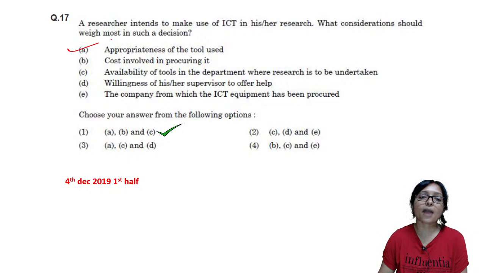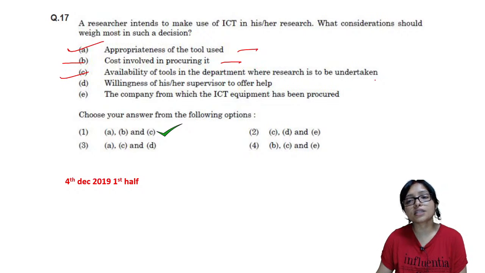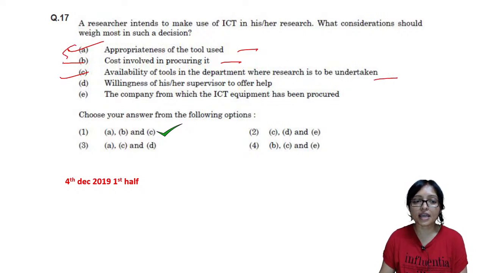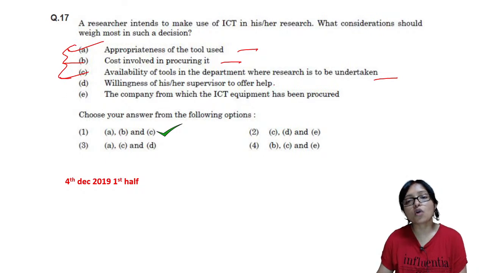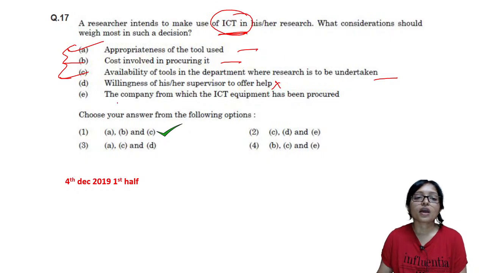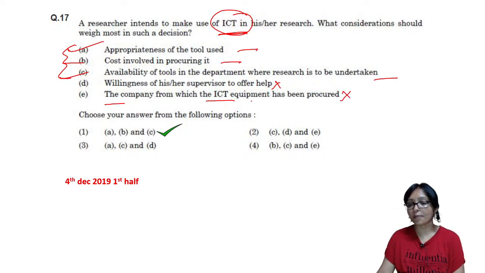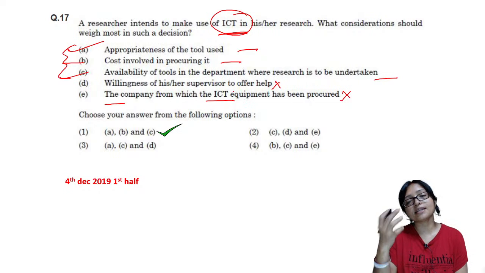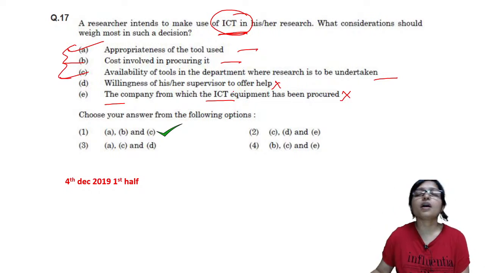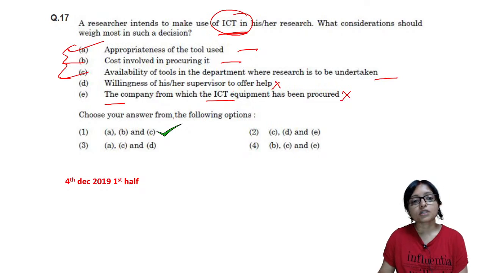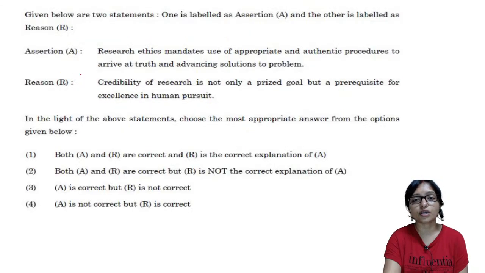Yes, here the appropriateness of the tools used, the cost involved for whatever you want to purchase, and the availability of the tools in the department undertaken. These three have to be considered. Willingness to offer help is not related to ICT, that depends on your guide, and the company from which ICT equipment is bought is also not part of your concern, because ultimately it is the decision of the university, it is not your problem. So the option will be A, B and C only.